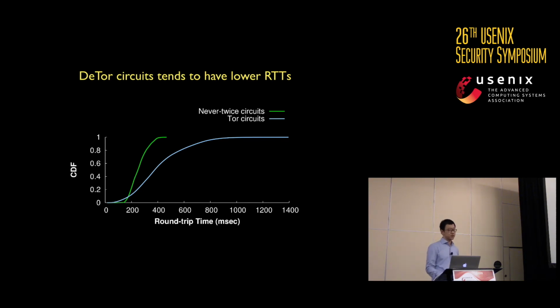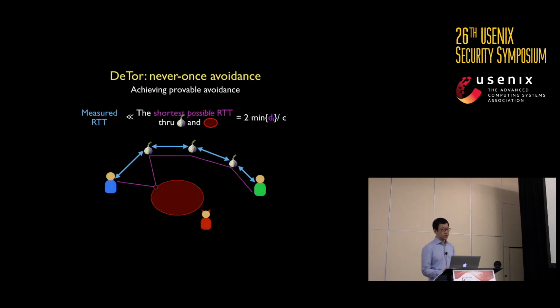These results are actually not surprising. Recall that we have this alibi condition. We need to make sure that the end-to-end measured round-trip time of the circuit is smaller than the shortest possible round-trip time through the circuit and through the forbidden region. So this condition will exclude a number of circuits that have a large latency.